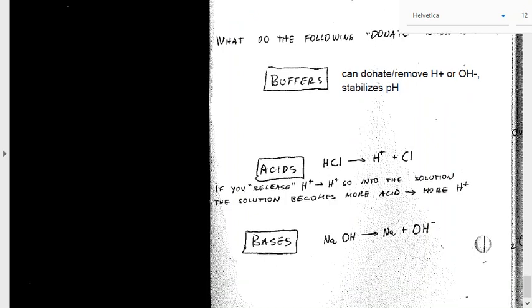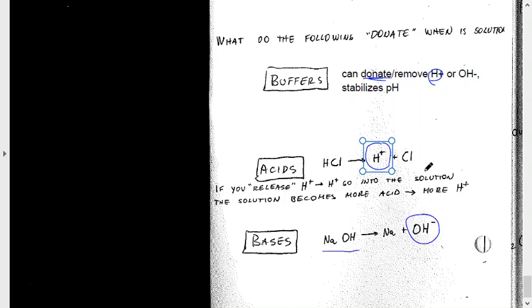So an acid, like hydrochloric acid, HCl, tends to donate the hydrogen. Bases, like sodium hydroxide, tend to donate the OH group. And both the hydrogens and the OH group will then go on to react with either OH or hydrogen ion to form water.